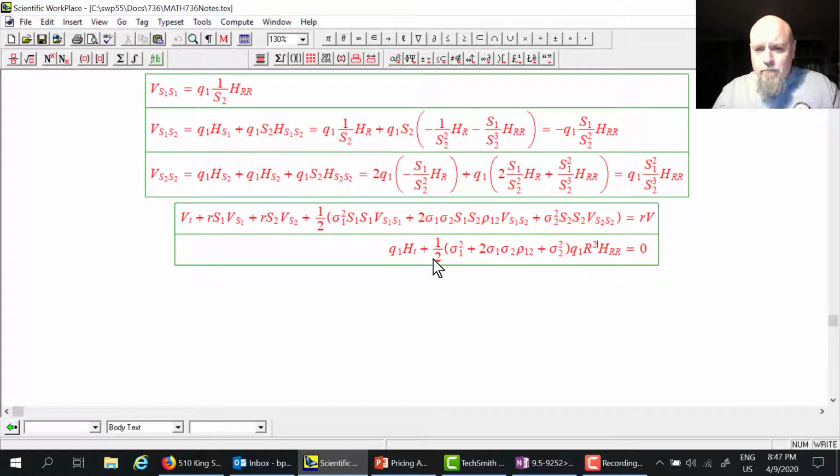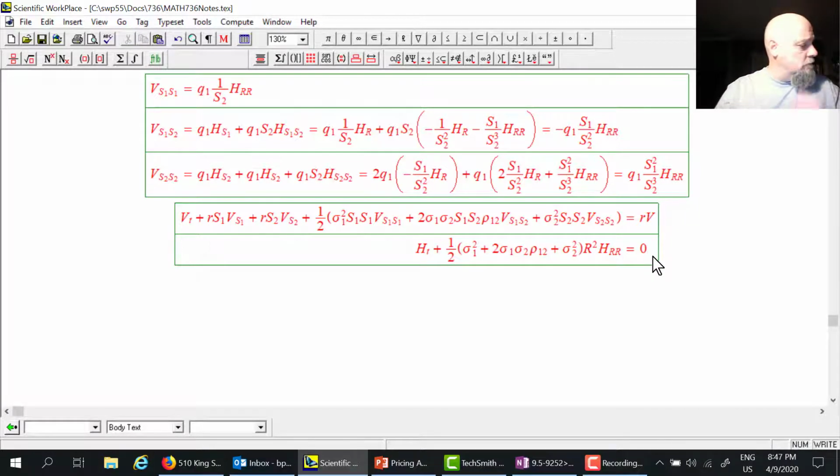In fact, we can divide the Q1 out, right? With that 0. And, oh, I lost a minus sign in here when I canceled out that piece. So now, what do we got here?